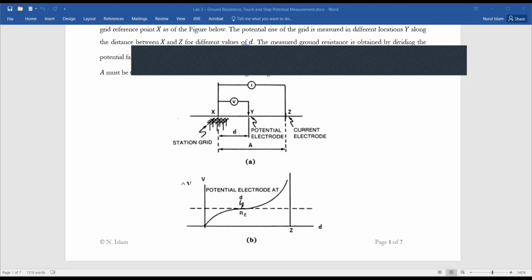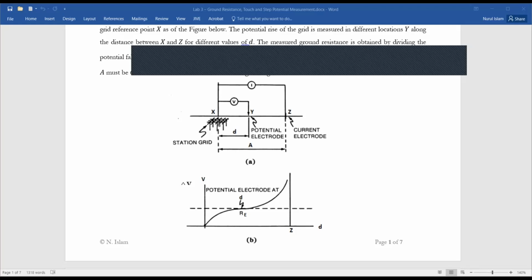Now, experimentally, it was proven that the distance from the reference point to the remote earth is basically 62% of the total distance between this reference point and the auxiliary electrode through which we are injecting current.